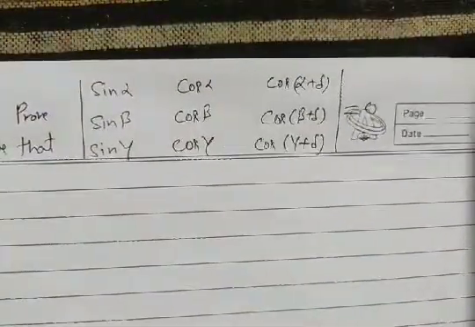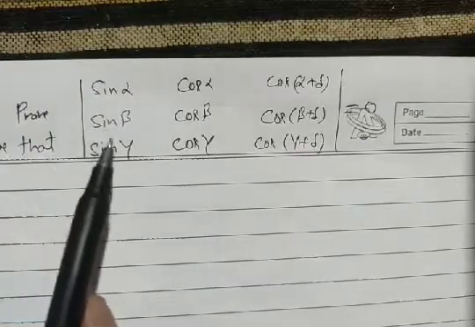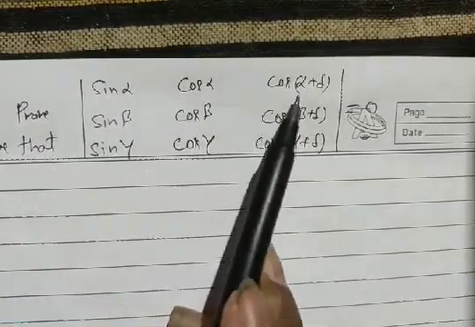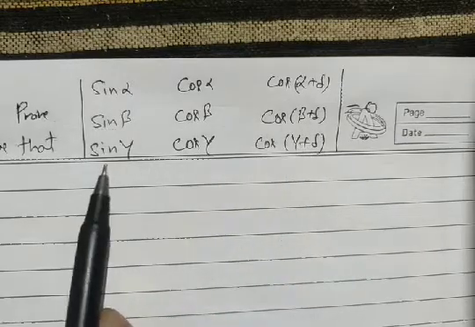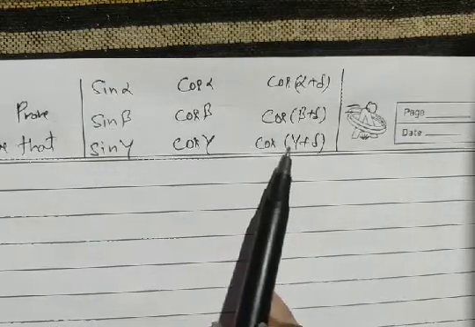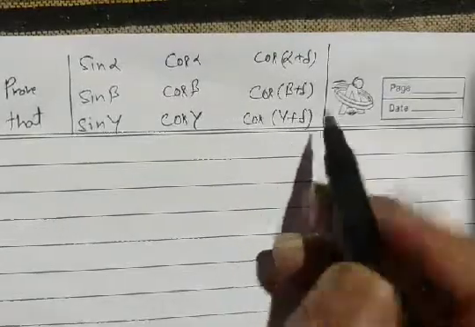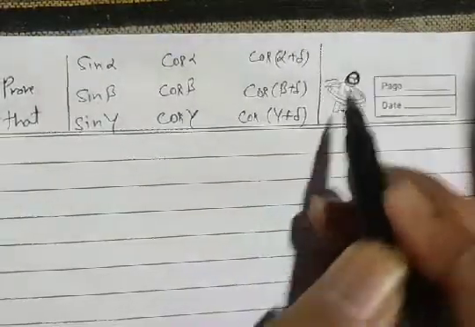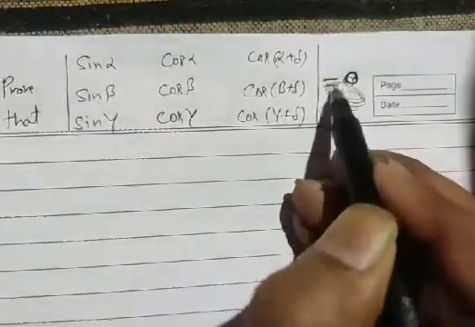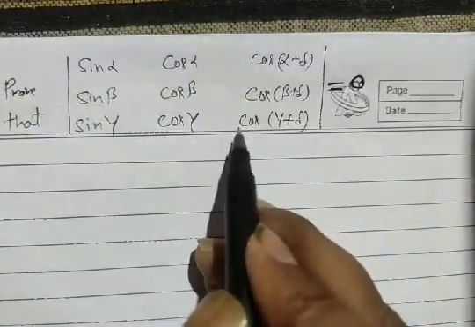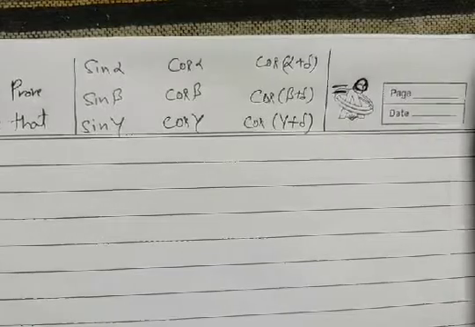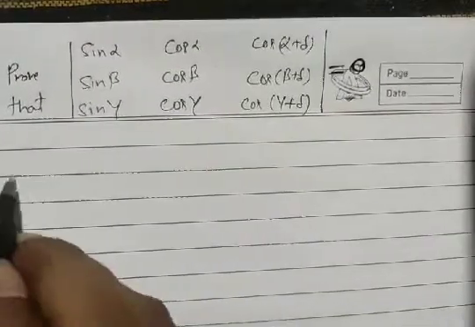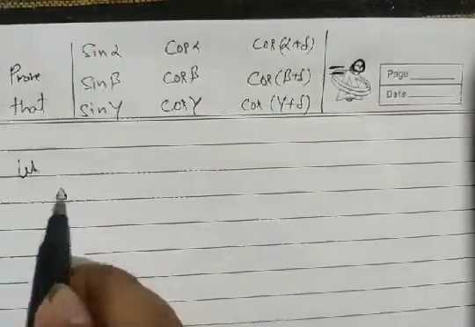Our next question is, we have to prove that the determinant with rows sine alpha, cos alpha, cos alpha plus delta; sine beta, cos beta, cos beta plus delta; sine gamma, cos gamma, cos gamma plus delta equals 0. We have to prove the del value is equal to 0. First of all, again let its value equal del.